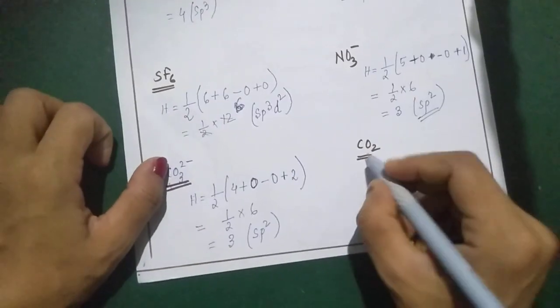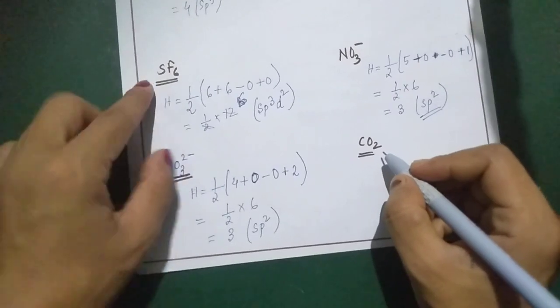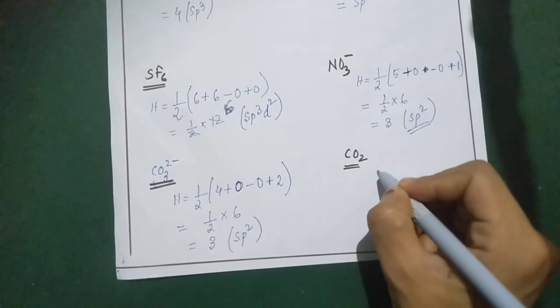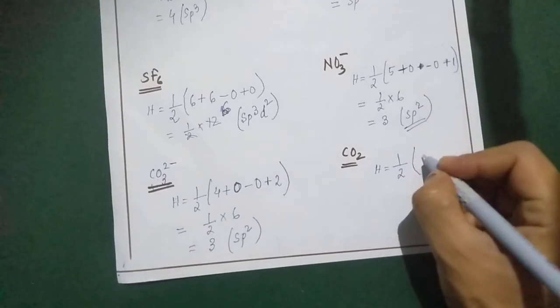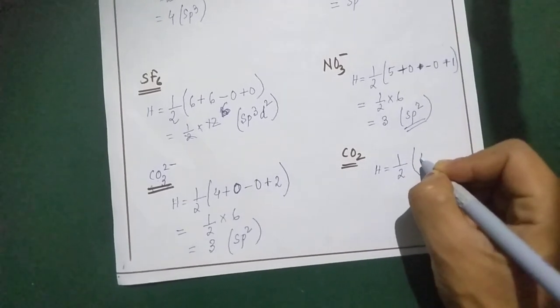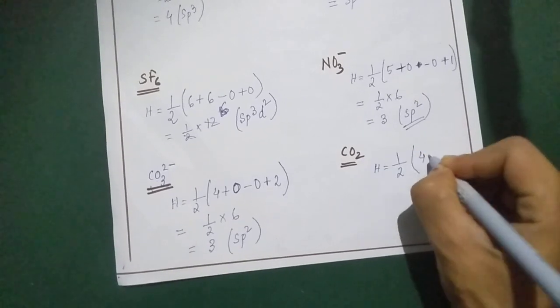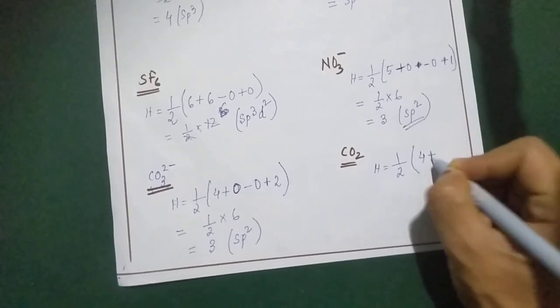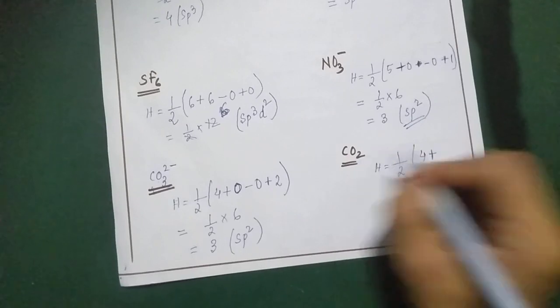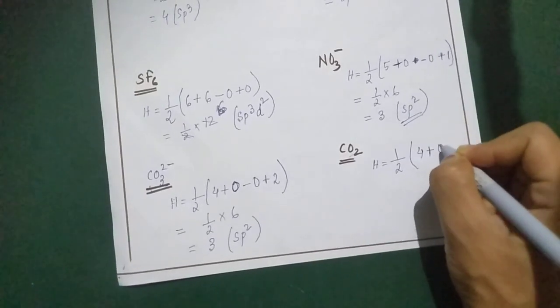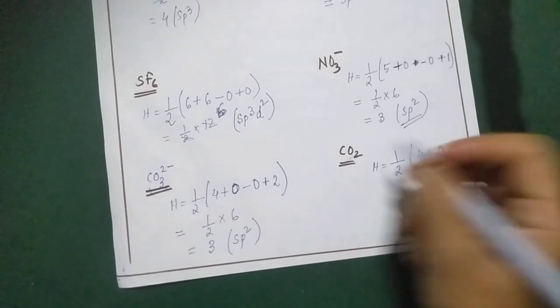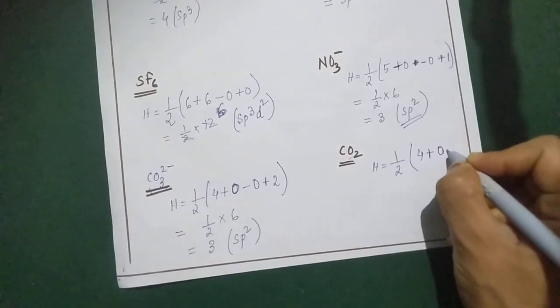Let us take the example of CO2 now. So H is equal to half. What is the valence electrons of carbon? The valence electron is 4. Oxygen is divalent, so there is no monovalent atom, we require monovalent, but this is divalent. So it will be 0. Is there any charge?